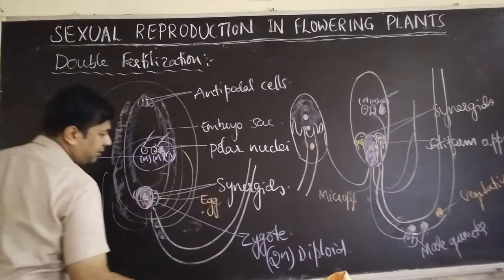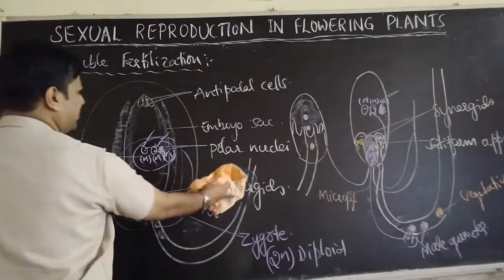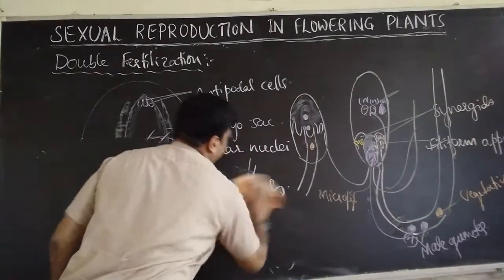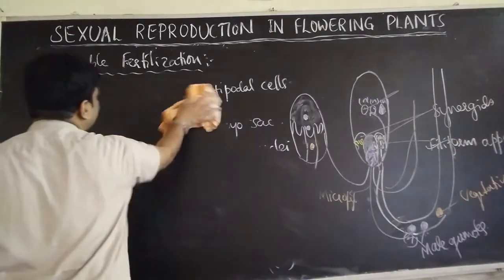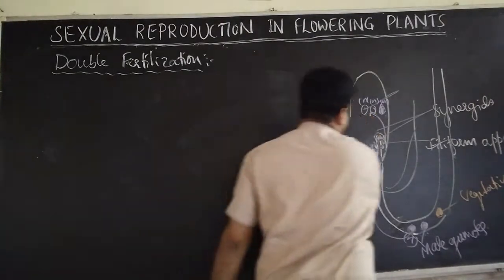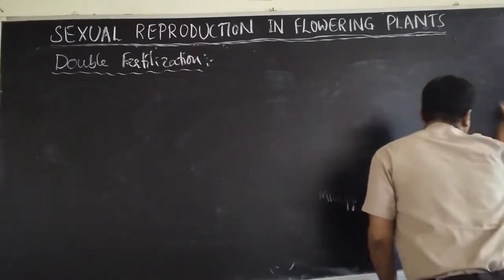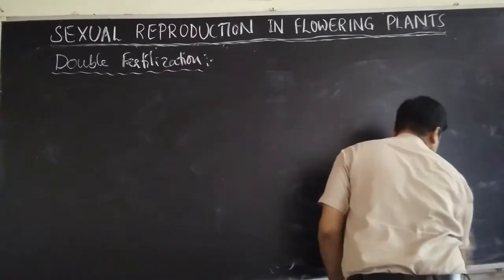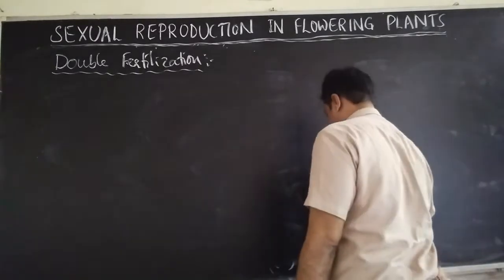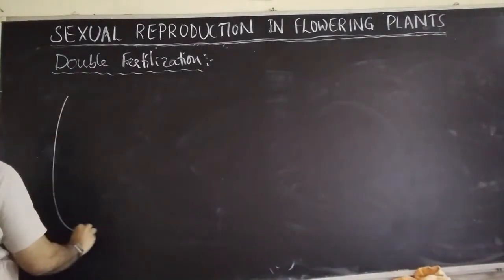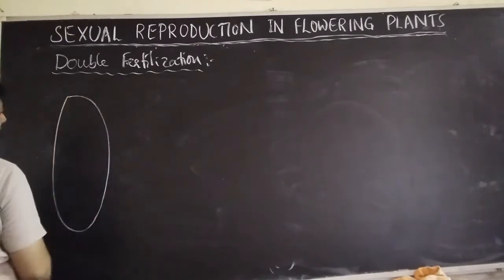So that I can show you clearly, instead of drawing so many diagrams, I will draw one simple diagram. What happens during fertilization? What is double fertilization? In a simple diagram, we can show. Suppose this is an embryo sac.